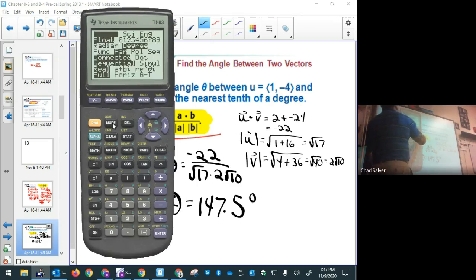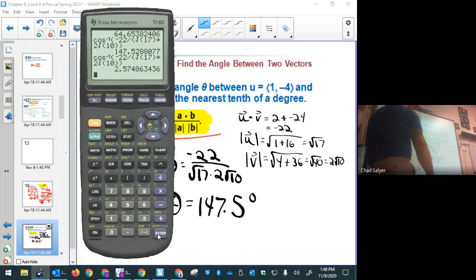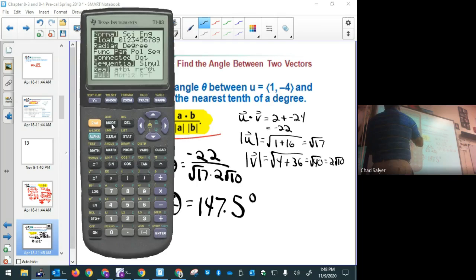If I had been in radian mode, I would have gotten this answer. So be careful to check for plausibility.